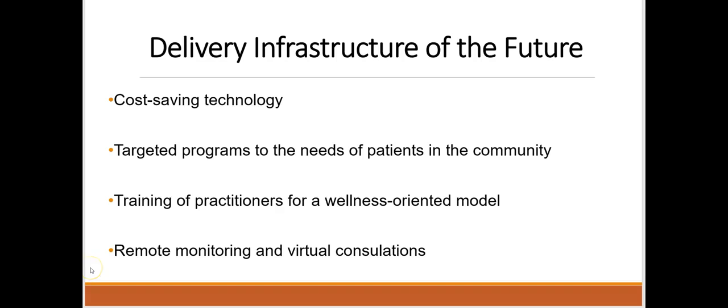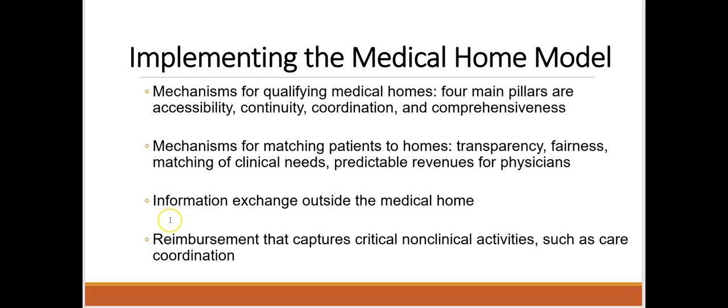Now I'm going to touch on the medical home model. So there are new models of care delivery. One of them is the medical home model. The aim is to be built on a foundation of accessibility, continuity, coordination, and comprehensiveness.